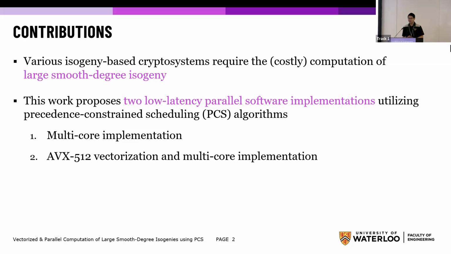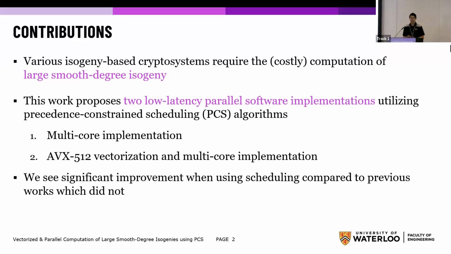We consider two implementation settings. The first is multi-core parallelism. The second is AVX512 vectorization with multi-core parallelism. By benchmarking, we see significant improvement when using scheduling compared to previous work which did not.